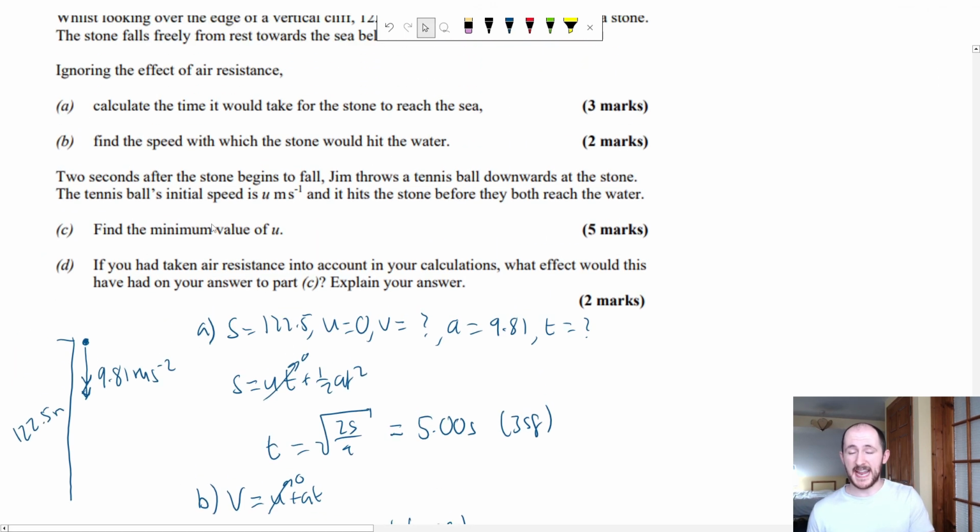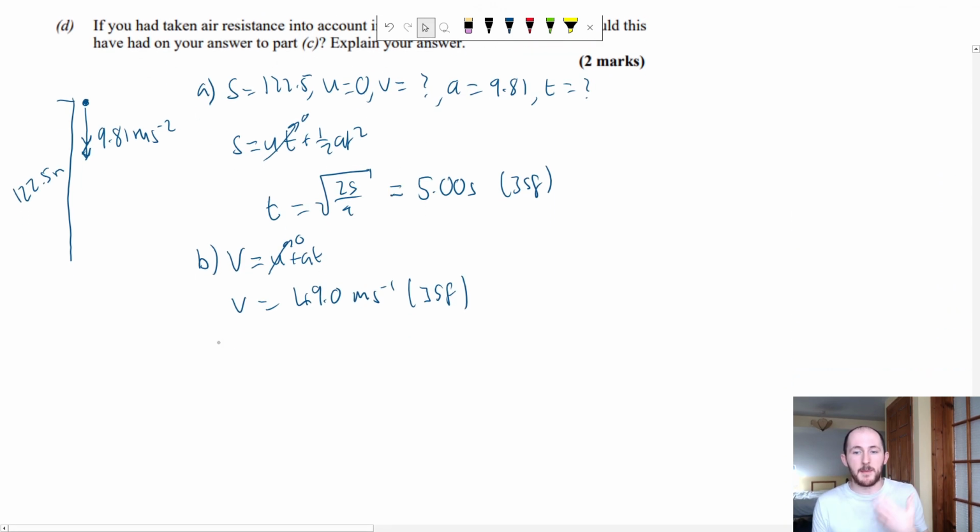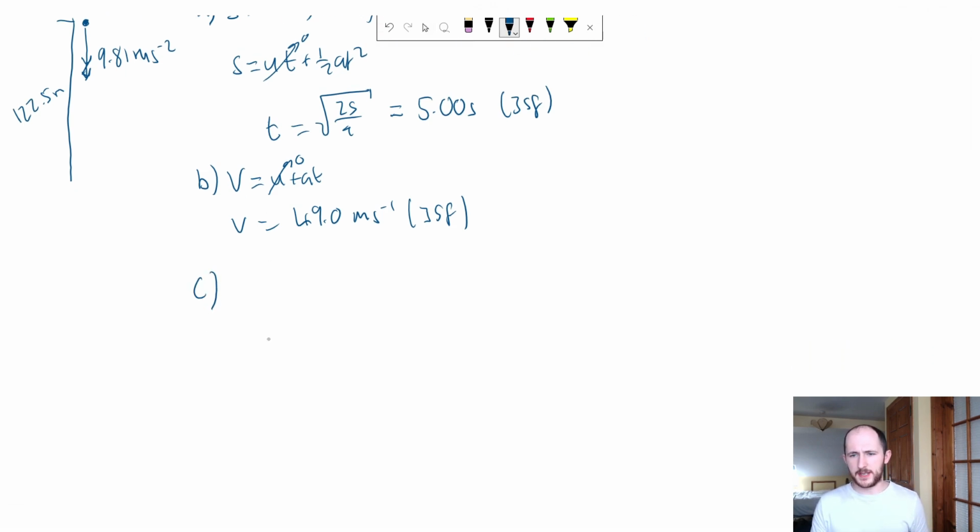And part C, in and of itself, gives us 5 marks. So, 2 seconds after the stone begins to fall, Jim throws a tennis ball downwards at the stone. So he throws it. Now, that implies there is going to be some initial velocity. So, if we were to draw another situation out, the cliff doesn't change height, obviously.